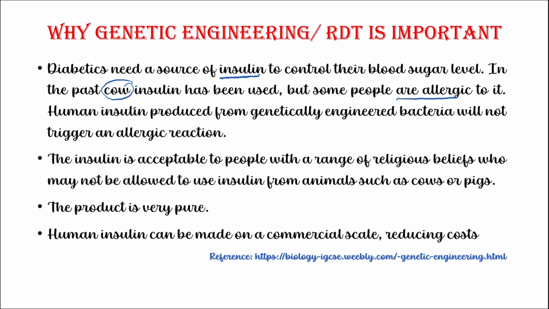So there is an alternate way which has made insulin production possible on a commercial scale, reducing the cost, by introducing the gene into bacteria. Bacteria is also a good and cheap source for producing this very important medicine.